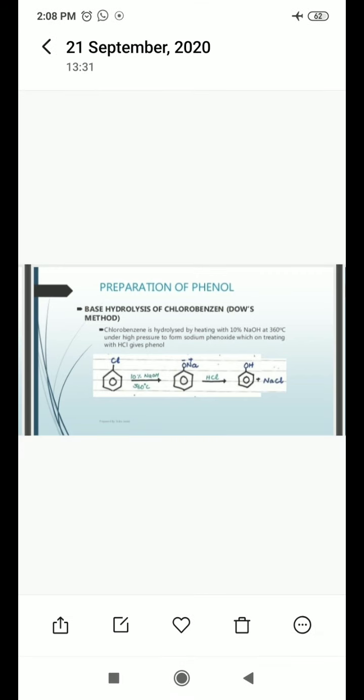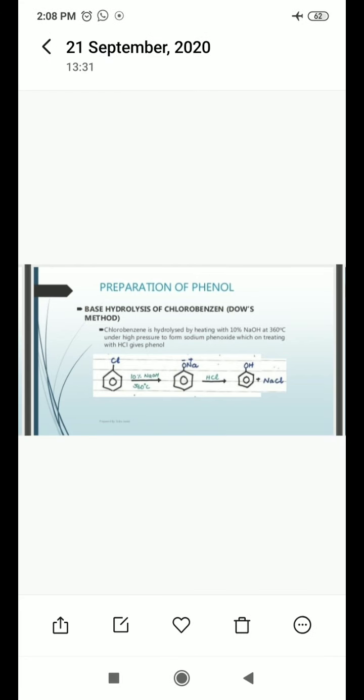The byproduct here is NaCl, as Na plus reacts with Cl to form NaCl, and O minus and H plus react together to form the OH bond. This OH is attached to benzene, giving hydroxybenzene, which is nothing but phenol. This is the second method for preparation of phenol.